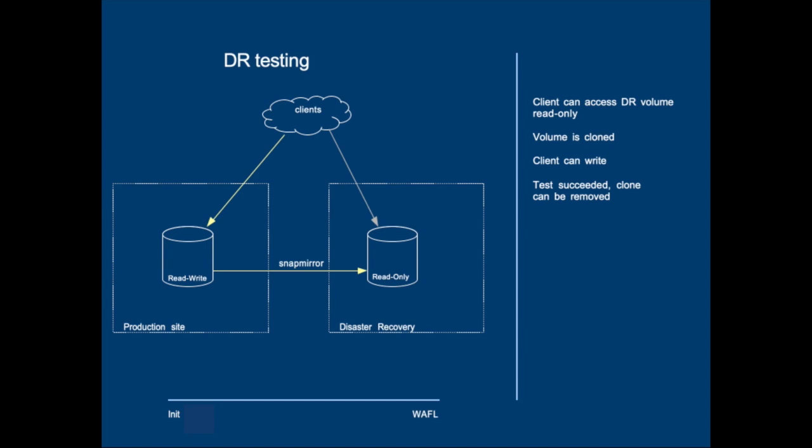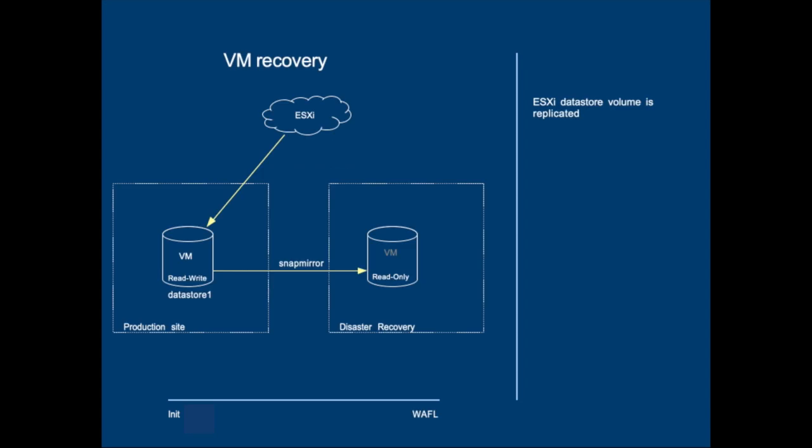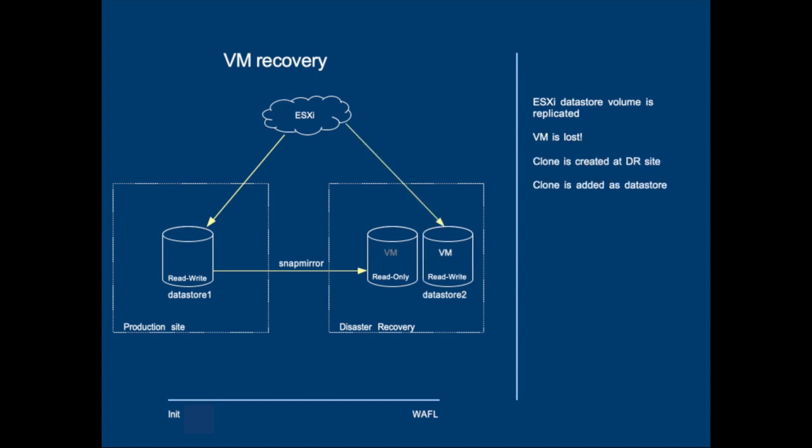And use case 3 would be to restore a VMware virtual machine by starting it from the DR volume. In an ESXi environment, you can run an NFS exported volume as a VMware data store. It will be replicated to the disaster recovery site. If you would lose the source data store or a VM in the source data store, then you could clone the volume, import the virtual machine into the VMware inventory and start it.